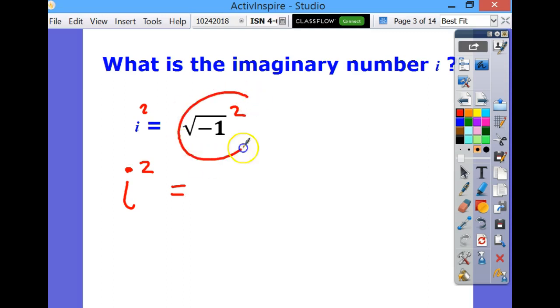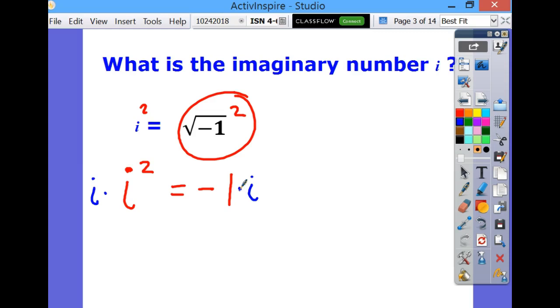What's that equal to? The square and the square root would cancel each other out because they're opposites of each other. And so this would be equal to -1. Then could I multiply both sides of this equation by i?